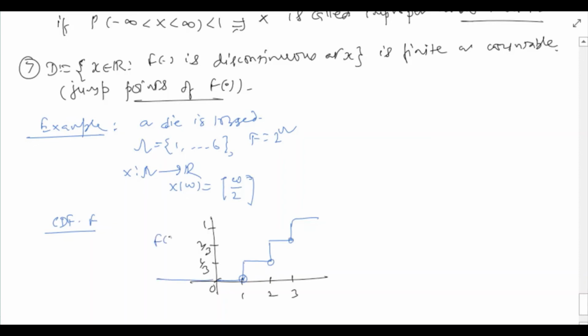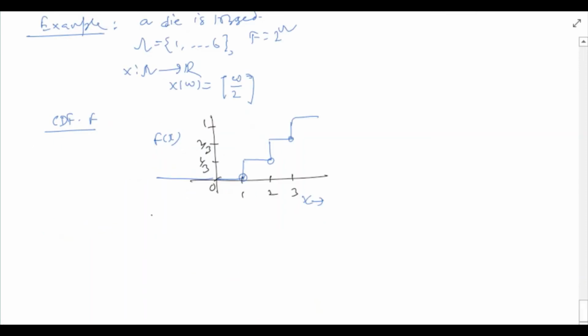So this was F(x). Here there are 3 jump points: 1, 2 and 3. The above property says that in general there can be either finite or countably many jump points.